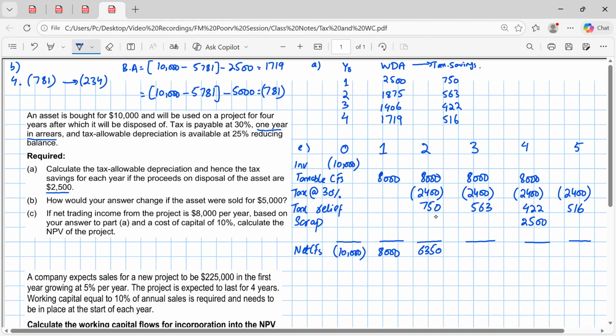Well, for year two, 8,000 minus 2,400 plus 750. For year three, it's 6,163. For year four, 8,522. For year five, negative 1,884.